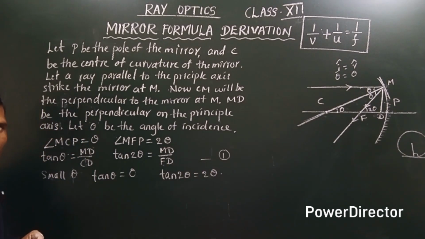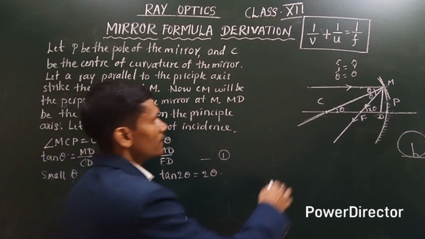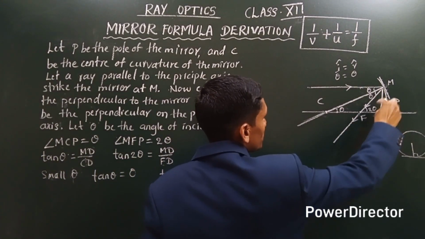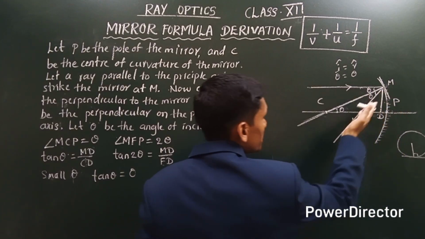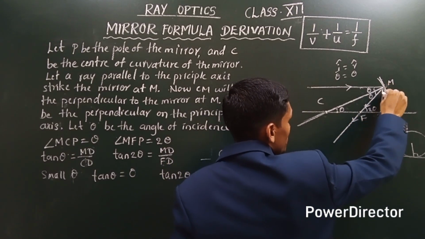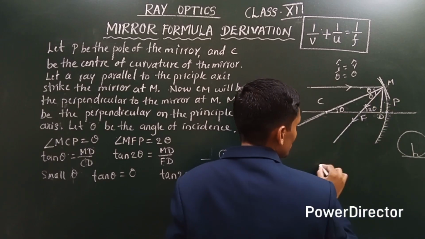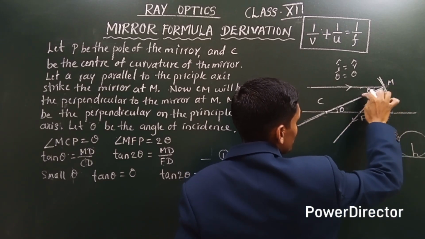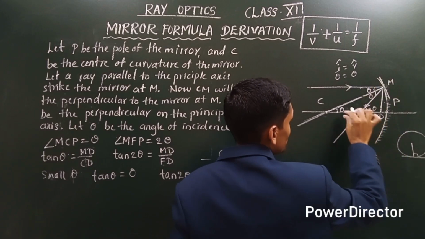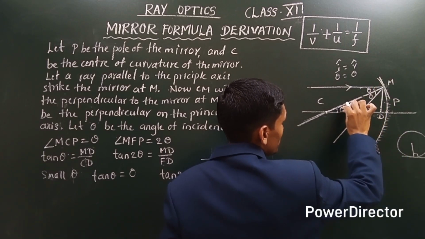How is this possible? Just consider, if you take this as tan theta, opposite by adjacent we are taking. What happens? Small angle means this has to be a straight line. When it becomes a straight line, the angle of incidence with the normal has to be very minimum. Then only this becomes very small, right?